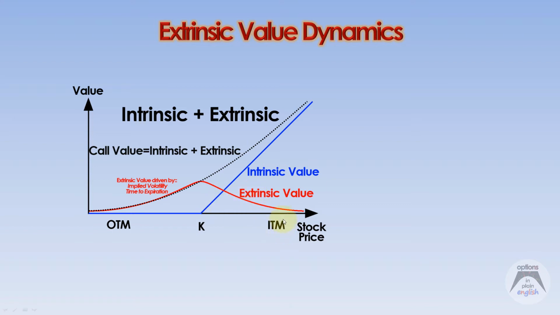An option that's in the money, or even more extreme, deep in the money, may look like a very large option, and you can think that it has a lot of value, but you need to understand that most of that value is intrinsic, and the extrinsic value is very little, as you can see here. For example, at this point, the intrinsic value is most of the value of the option. Only this difference represents the extrinsic value.